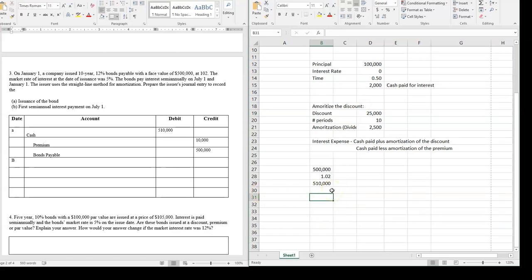How much we pay in interest is always face value times contract interest rate, and that's going to give you the interest to pay. In other words, the amount to credit cash. So face value is equal to $500,000. They tell me that this is a 12% bond, 0.12, so the cash that I'm going to pay is $60,000.